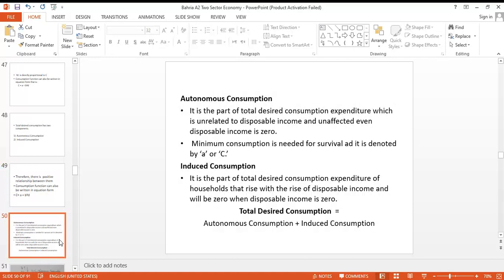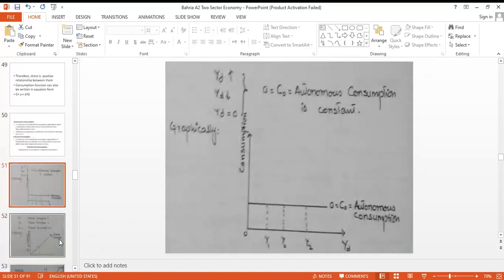This is something that I've already discussed with you. The only thing is that in this slide, you will have a proper equation for desired consumption. So the total desired consumption is the sum of autonomous and induced consumption. If you want to know what autonomous and induced consumptions are, please go back to the first video of the two-sector economy and watch that.